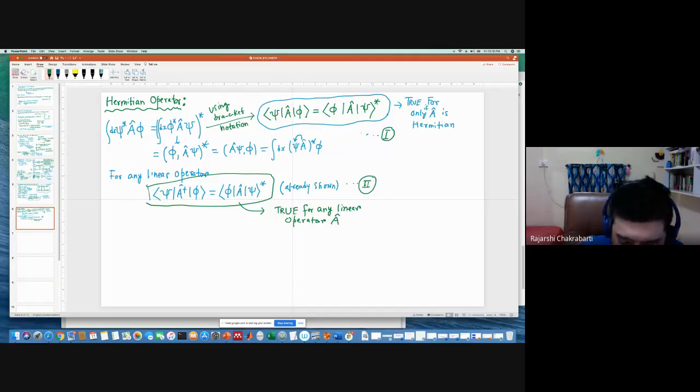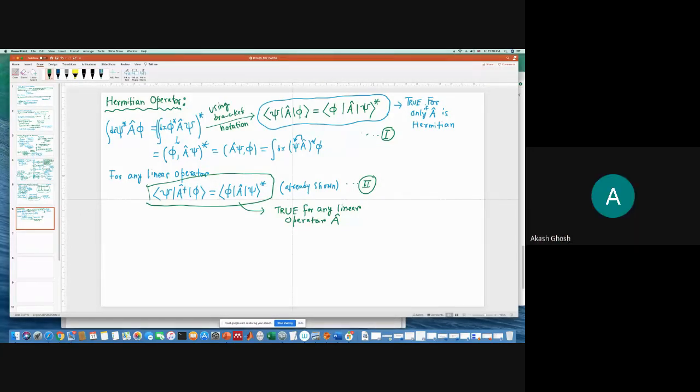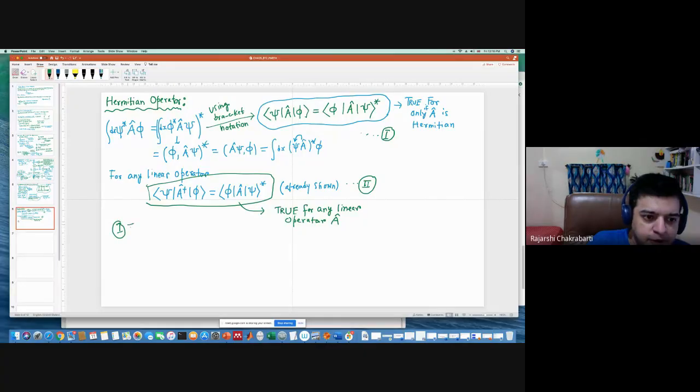If I compare 1 and 2, can I have a better definition of a Hermitian operator? Just comparing 1 and 2, when does 1 become equal to 2? Under what condition? When A dagger equals A. Yes. 1 becomes equal to 2 only when A dagger equals A. So this relation is more general, no?